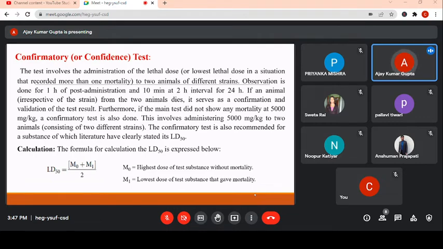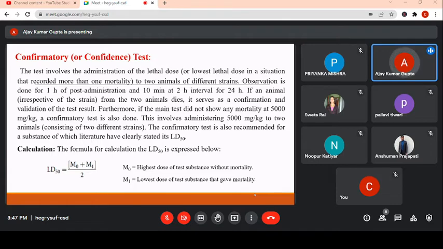If an animal, irrespective of strain, out of the 2, if anyone dies, it serves as a confirmation and validation of the test result. Furthermore, if the main test did not show any mortality, because the highest dose in stage 3 was 5000 mg per kg, even then the confirmatory test has to be performed.